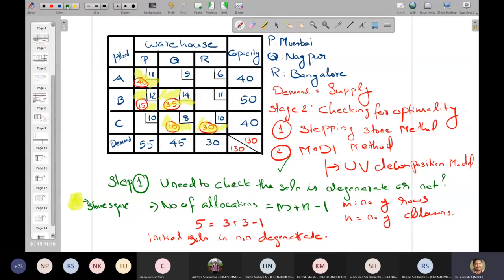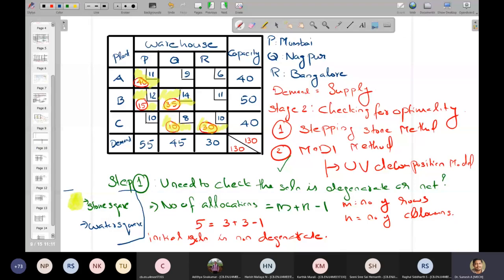As I marked here, AP, BP, BQ, CQ, CR are basically the stone squares.